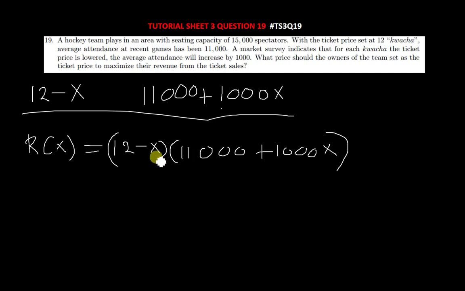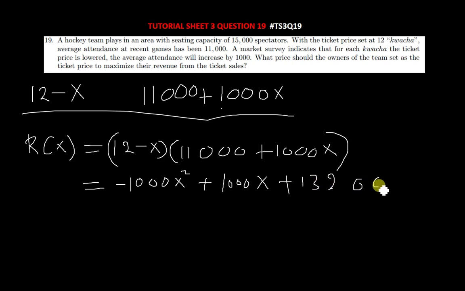So when you multiply the two, you get something like this: negative 1,000 x squared, then plus 1,000 x, then plus 132,000.